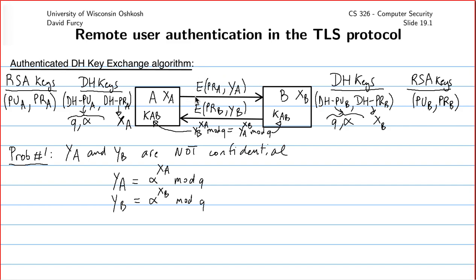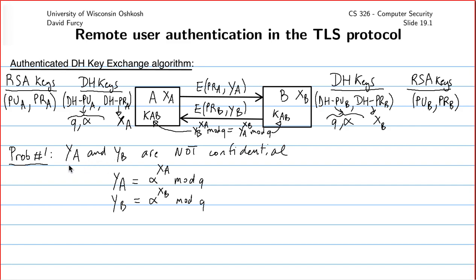Notice that anybody can undo this operation by decrypting this message using the public key of Alice. And similarly, anybody can access y sub B by decrypting this message using the public key of Bob. And because these public keys are public by definition, anybody who wants them can get them.